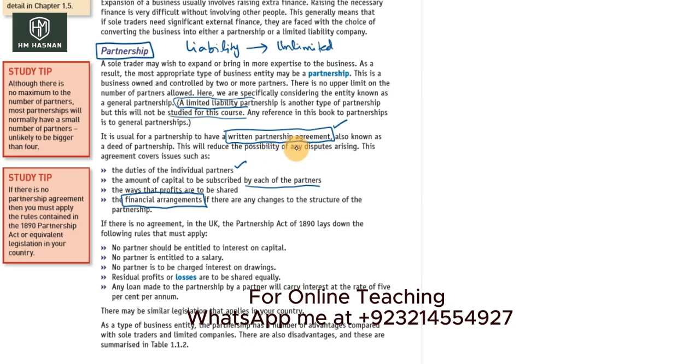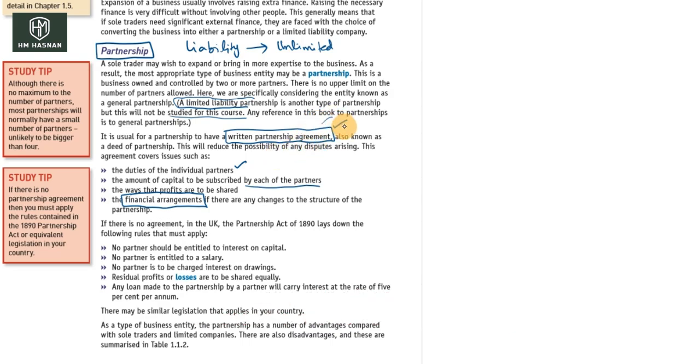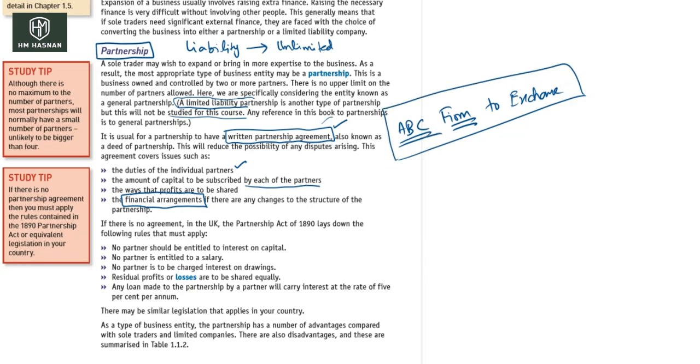The exchange will consider the documented evidence as evidence that these partners are going to do business in this territory. For example, for ABC firm, it means no one else can use the name ABC firm if the partners register their name with the exchange. Exchange means where companies are registered.